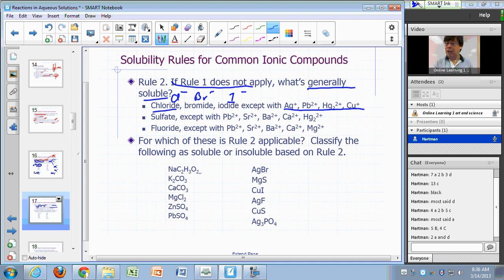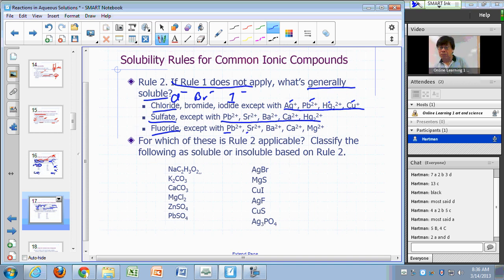So if it's in combination with silver, lead, mercury 1, or copper plus 1, it would be insoluble. Sulfates are generally soluble unless it's in combination with lead, strontium, barium, calcium, or mercury 1. And fluorides are generally soluble unless it's in combination with lead, strontium, barium, calcium, or magnesium.